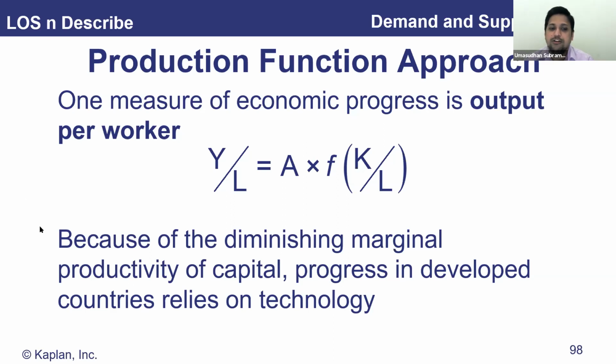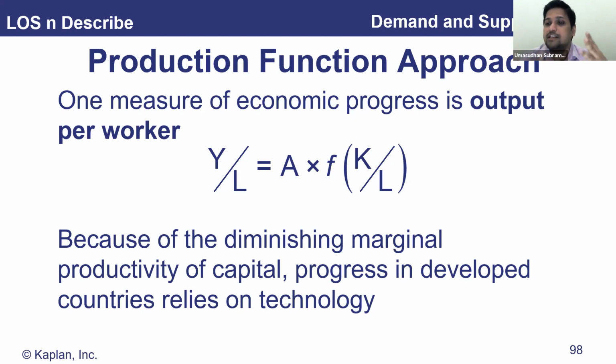Because of diminishing marginal productivity of capital, progress in developed countries relies on technology. Remember, if you keep adding more labor resources or more capital resources, there is always diminishing marginal returns. If you don't understand what diminishing marginal returns is, you need to go back and revise.